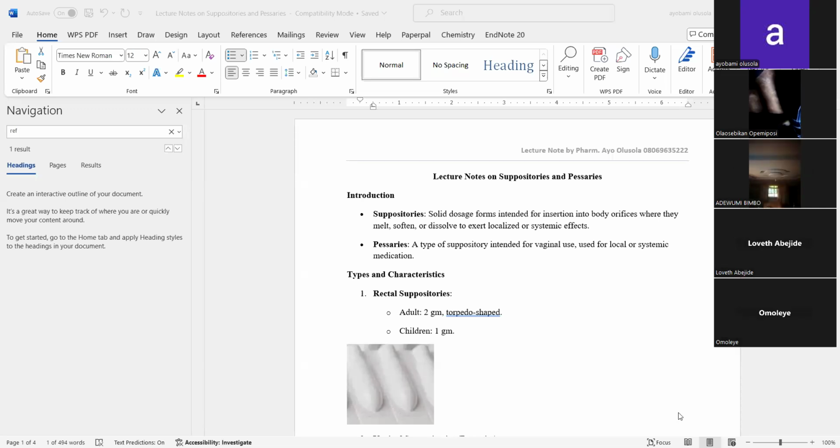Okay, so suppositories, they are dosage forms. They can be solid or semi-solid, depending on the preparation. And they are intended for insertion into body cavities. In these body cavities, they melt, they soften, or dissolve, and they can exert either local effect or systemic effect.